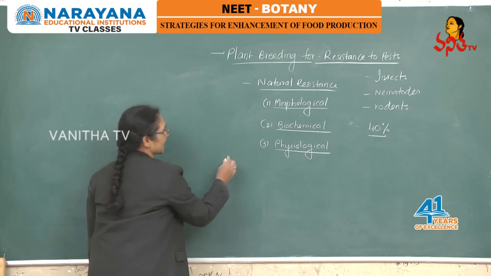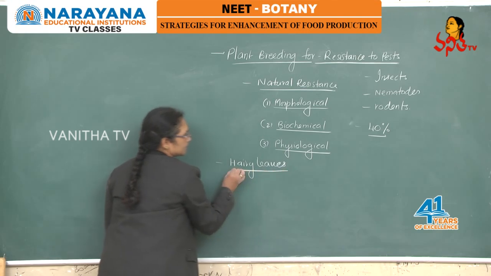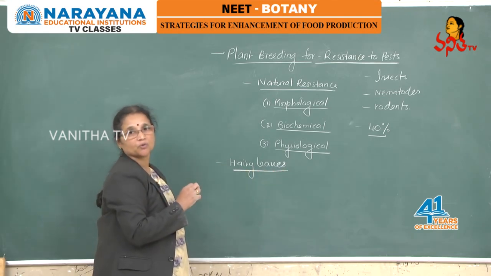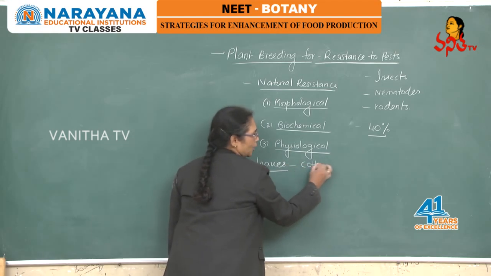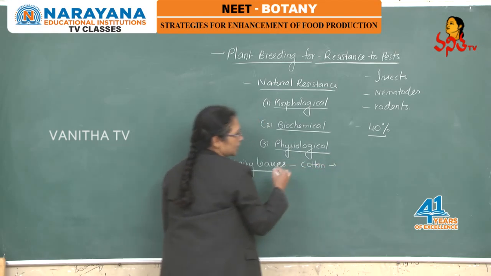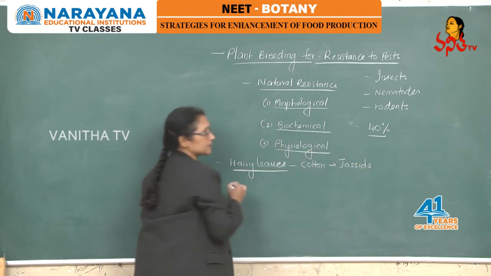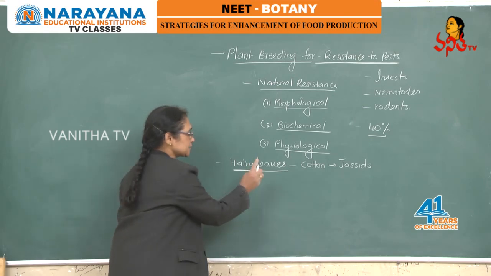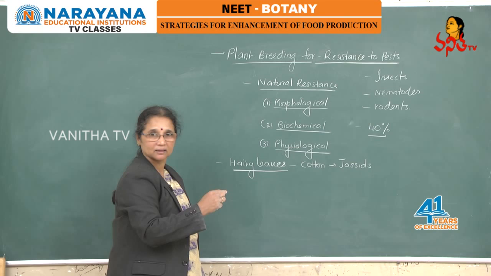First, presence of hairy leaves. Hairy leaves presence is a morphological character which is present naturally in cotton plant, which is not preferable by jassids. So it is a naturally available character in the cotton plant which won't allow the jassids to attack.